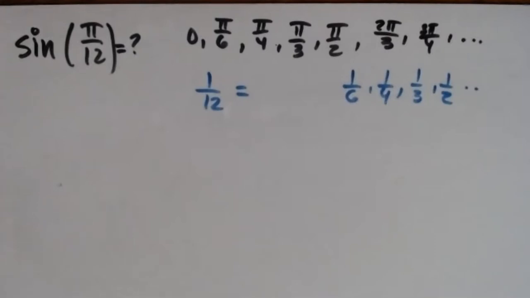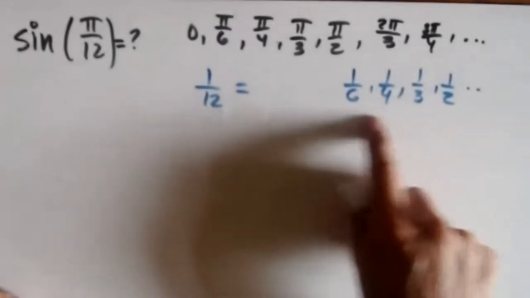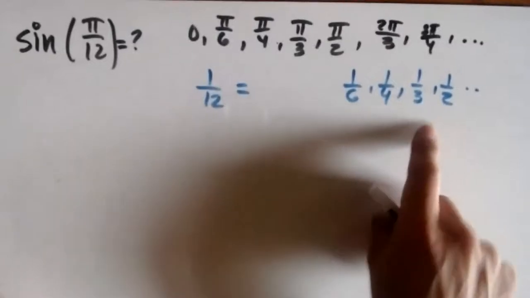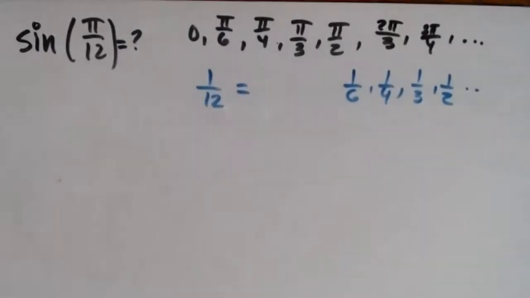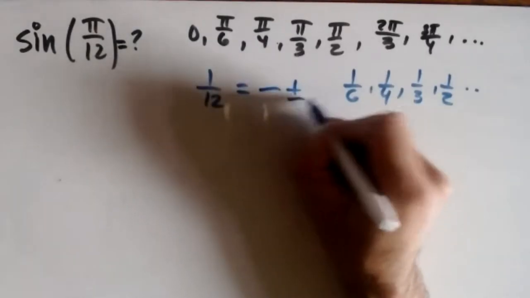This is, oh my gosh. What do you think? No, no idea. This is the difficult part. How do you combine these fractions? Remember, it's addition, subtraction to get 1/12. What plus minus what?